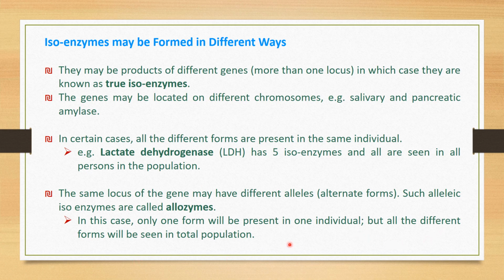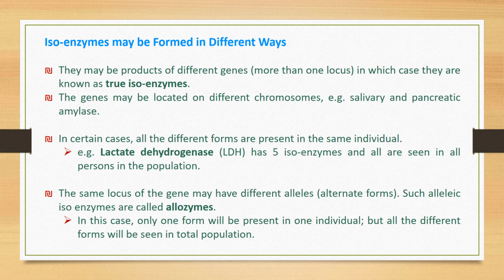Just like glucose 6-phosphate dehydrogenase, almost 400 different forms have been identified, and they are present in the whole population, but a particular individual has only one form. Okay, just in contrast to lactic dehydrogenase, where we have already discussed that all 5 isoenzymes are present in the same individual.